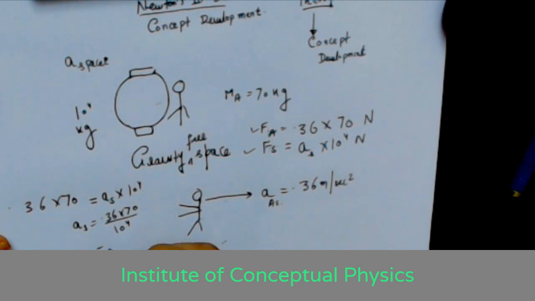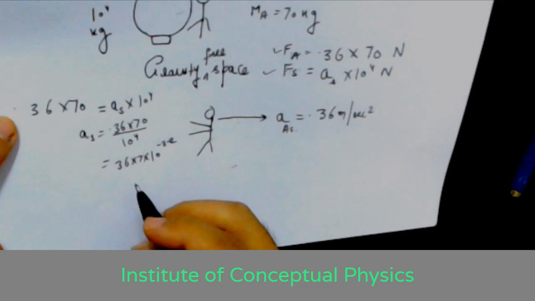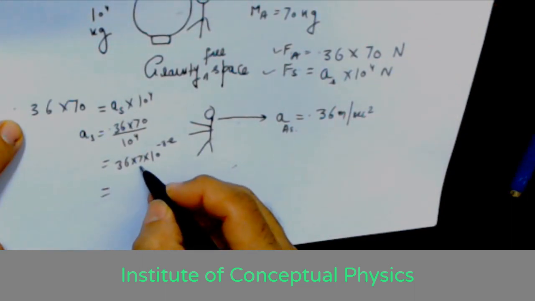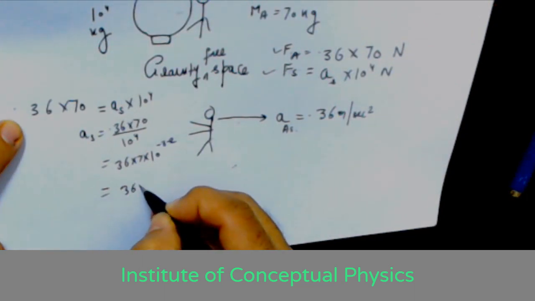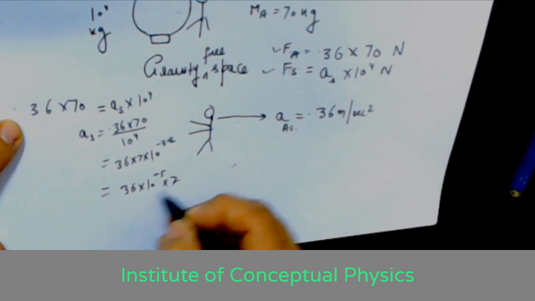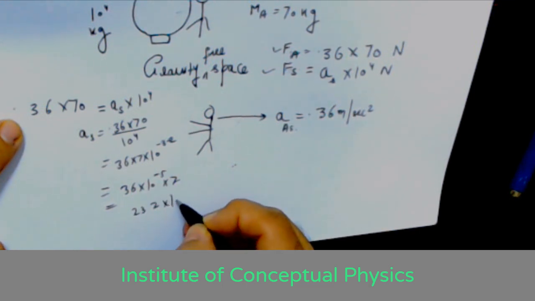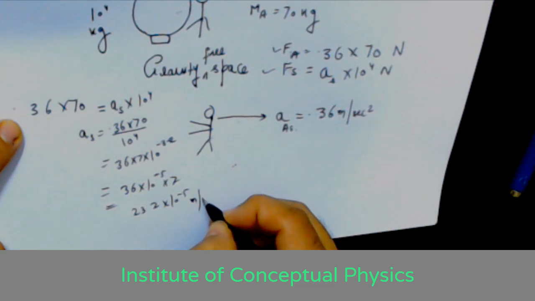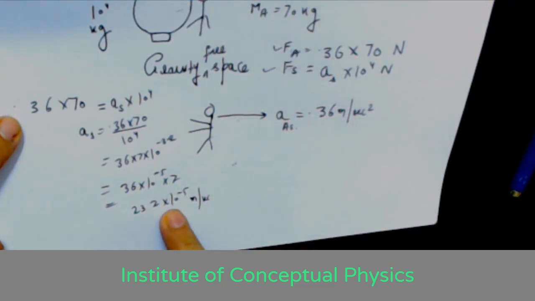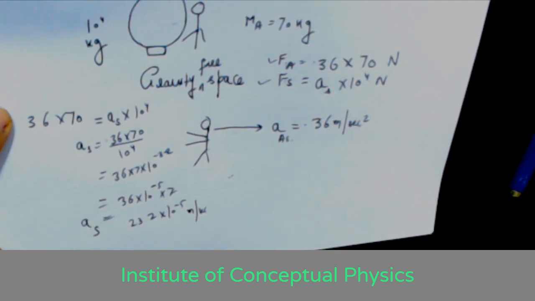So this is 0.36 into 7, into 10 raised to power minus 3 minus 2. And this becomes 36 into 7 into 10 raised to power minus 5. 7 6s are 42, 7 3s are 21, so 252 into 10 raised to power minus 5 meter per second square. So obviously the acceleration of the spacecraft has come out to be very, very small.